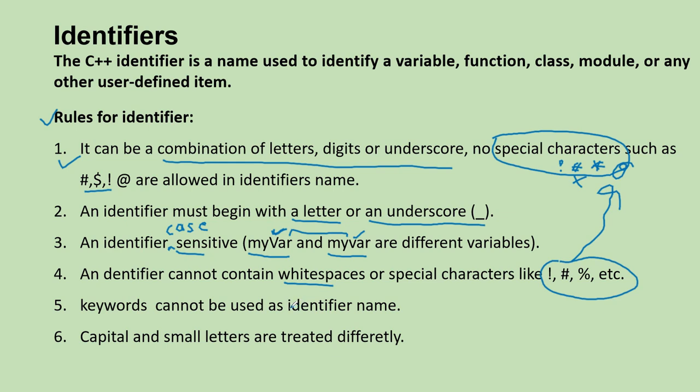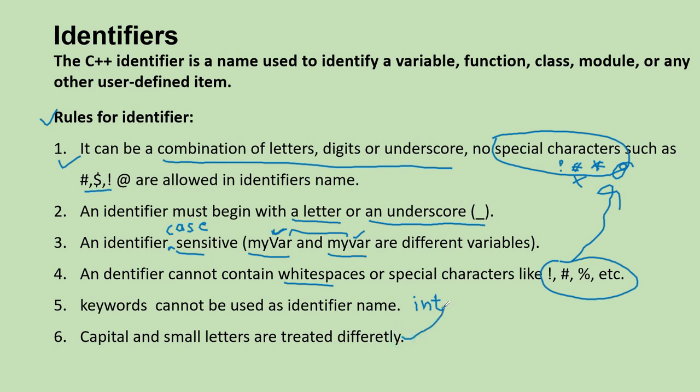They are already defined in the programming language. Therefore, we cannot use keywords as identifiers. For example, there is one keyword, int. You cannot use int as the name of a variable, class, module, or any other thing.